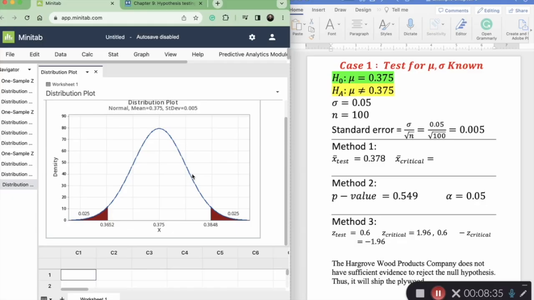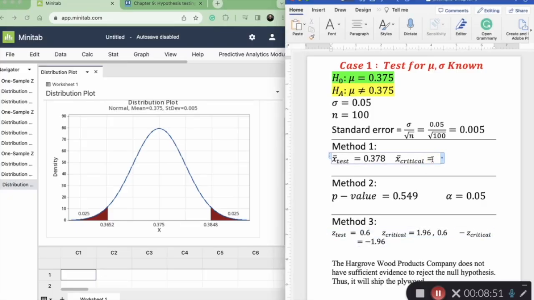X bar test, we got 0.378. 0.378 is not exceeding 0.3848, and it's not less than 0.3652. So the X bar criticals we have are 0.3848, and on the other side, 0.3652.